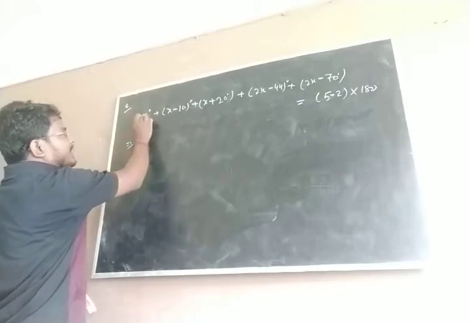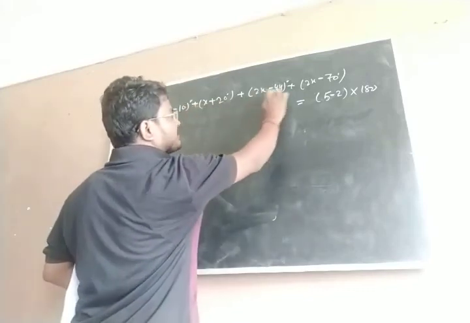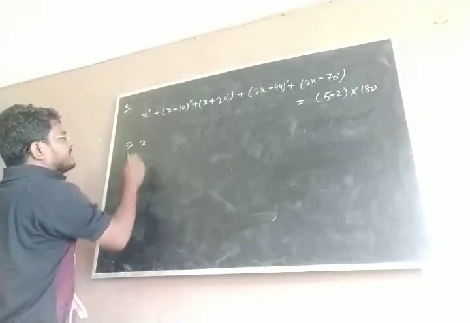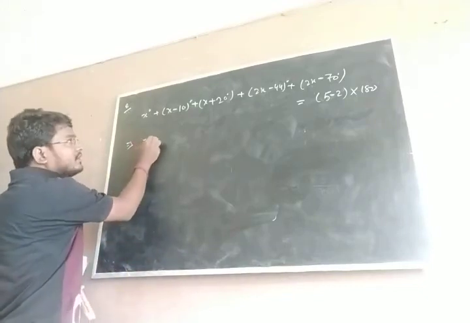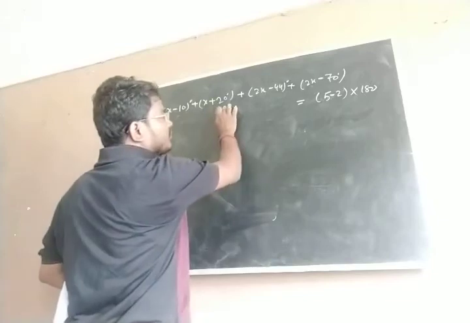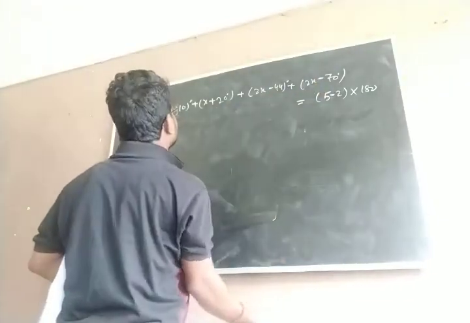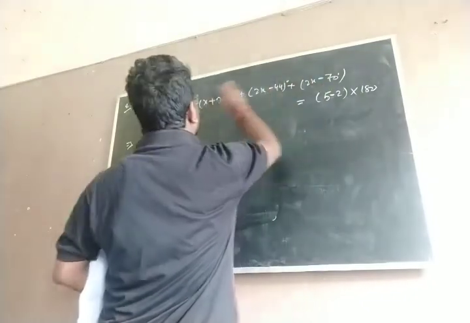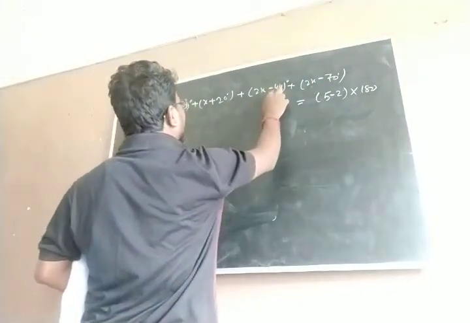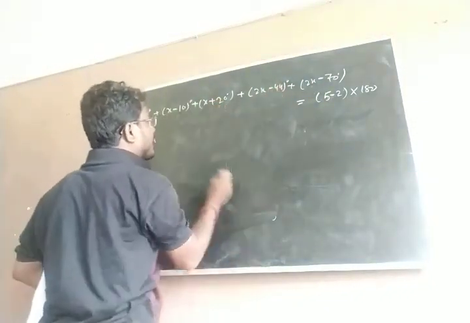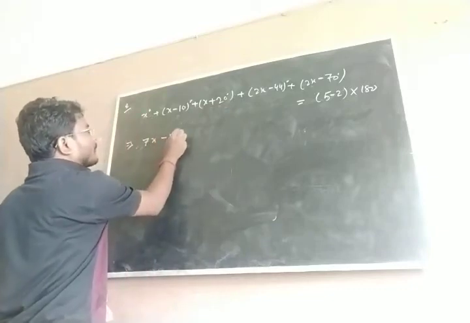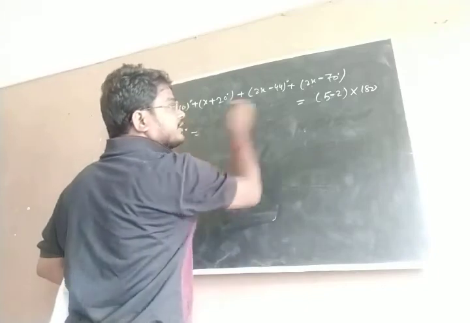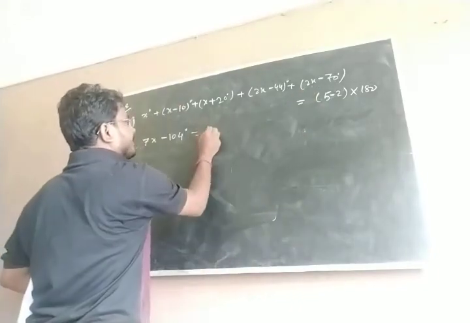x plus x plus x plus 2x plus 2x, then 4x, 5x, 6x, 7x. Minus 10 plus 20 minus 40 minus 70, minus 70, 80, 124, 104. Equals, that is 5 minus 2, 3, 540.